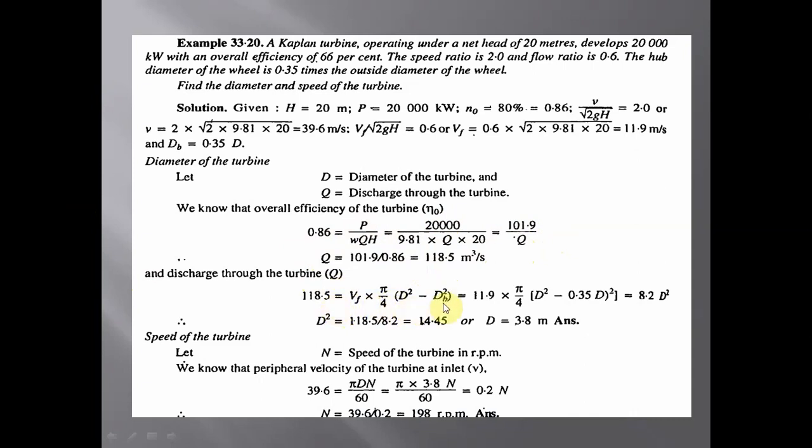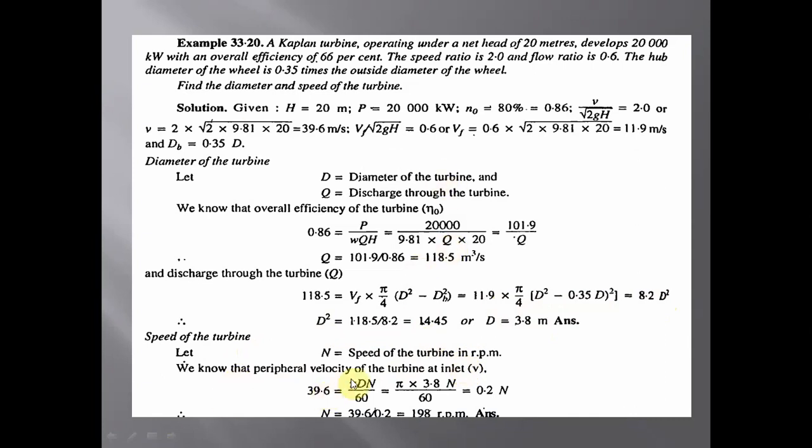and the discharge through the turbine is equal to 118.5, which is equal to Vf into pi by 4 into (D squared minus Db squared), that is 7.9 into pi by 4 into (D squared minus 0.35 D squared), that is 8.2 D squared. Therefore D squared equal to 14.45, or D equal to 3.8 meters. Let N be the speed of the turbine in RPM.